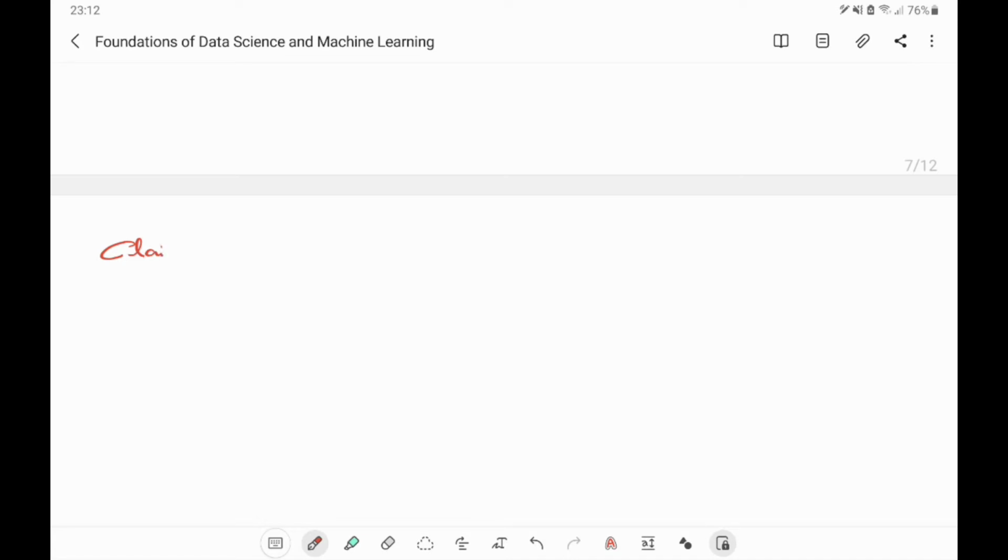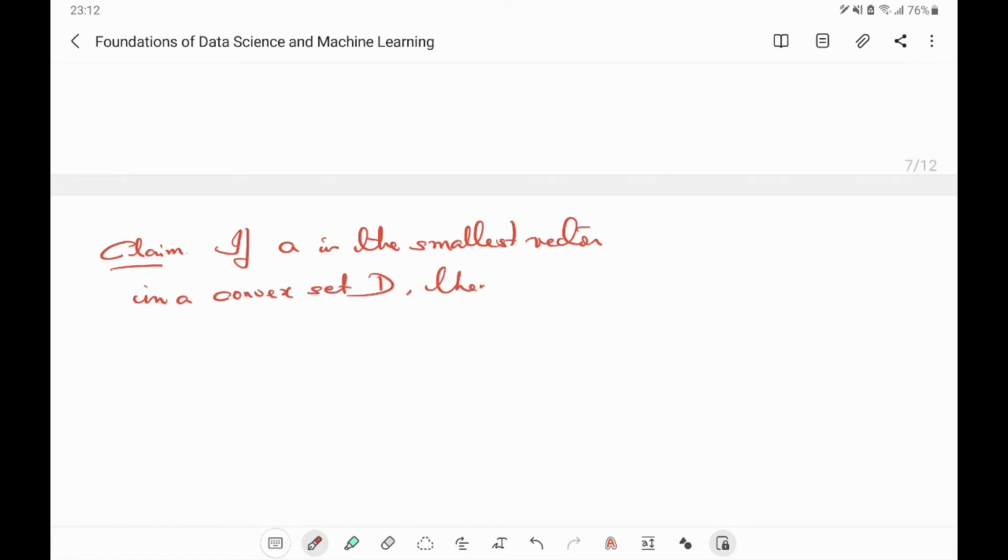The claim is that if A is the smallest vector in a convex set D, then for all vectors Z in D we have inner product of Z comma A larger than or equal to norm of A. This is what we were attempting to prove.